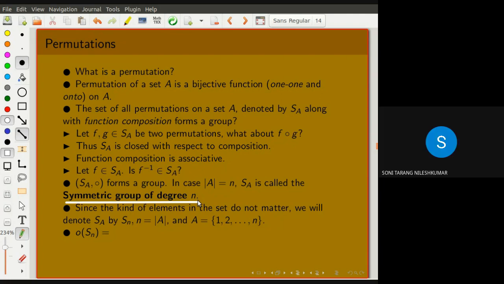Sir, because if f∘g belongs to S_A, then g∘f also belongs to S_A. Yes, but f∘g is not necessarily g∘f. Right. So g∘f is in S_A, that comes from closure, isn't it? Yes. Not from commutativity.